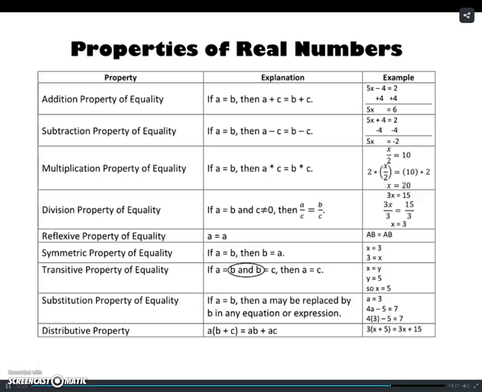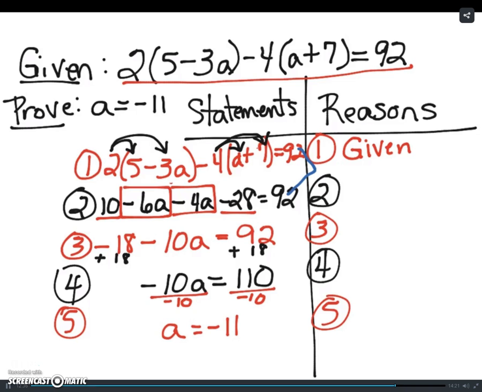So if you want to leave room for that at the end of this section, that would be helpful. If not, you can pause it here and copy this down into your notes, or you can just look in your book in 2.6. It's there. Okay. So we distributed, so that's going to be the distributive property. That's the algebra property that lets us distribute these numbers through here.